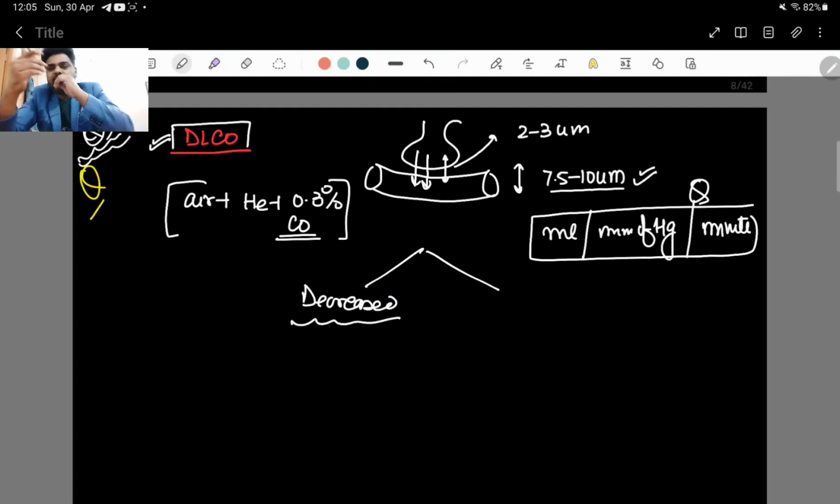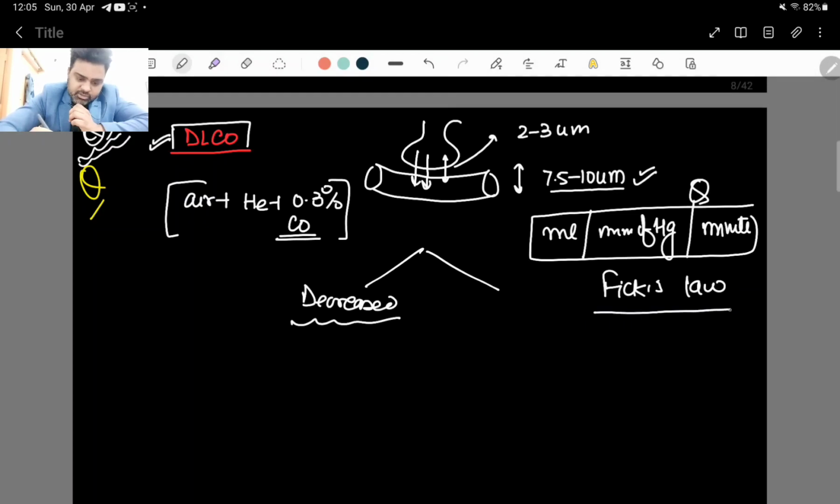Now, there are conditions where DLCO is decreased. Before understanding the conditions where DLCO is decreased or increased, we have to understand a law known as Fick's law. Fick was a scientist who gave a law regarding the travelling of gases along a membrane.